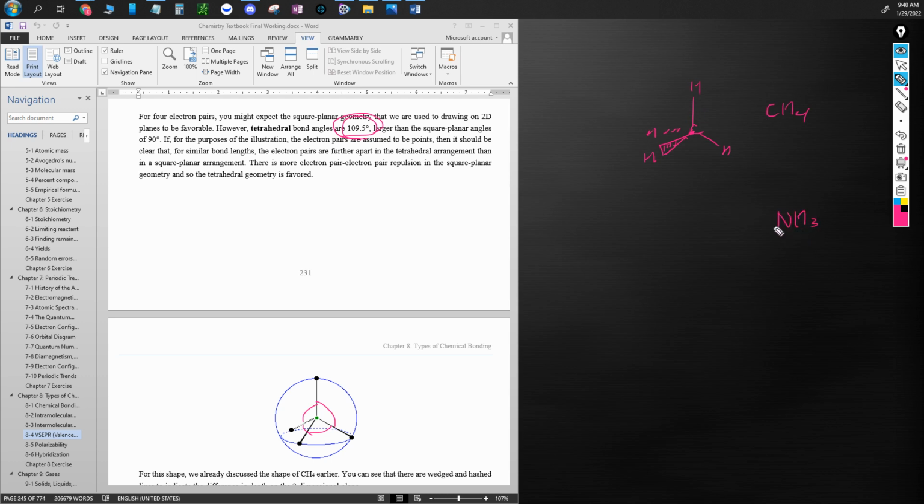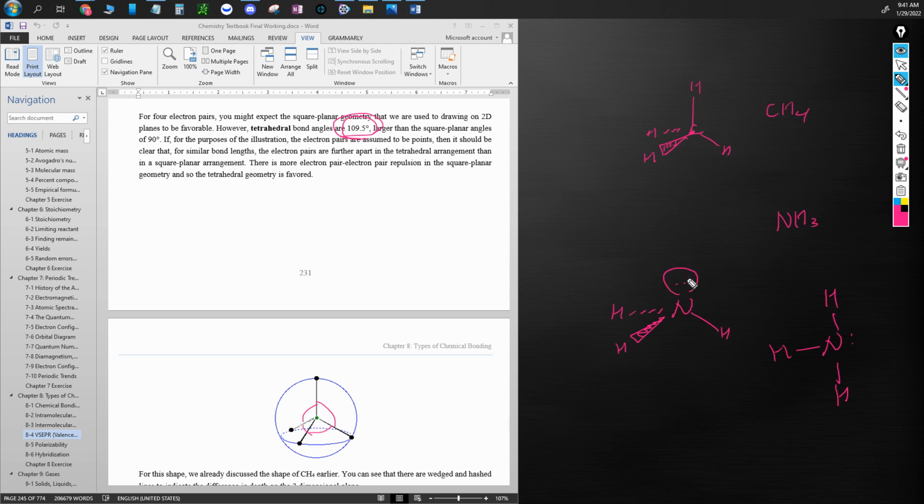This is ammonia, which we also had a drawing of last time, right? That would look like that with the lone pairs. It is as if we remove the one top part of it. So we have a nitrogen here in the middle, hydrogen there, hydrogen there, hydrogen there, and then one lone pair sitting up.